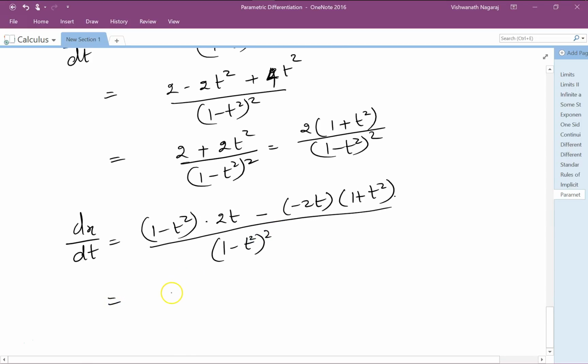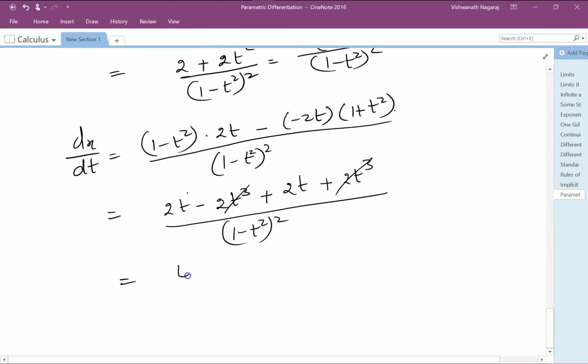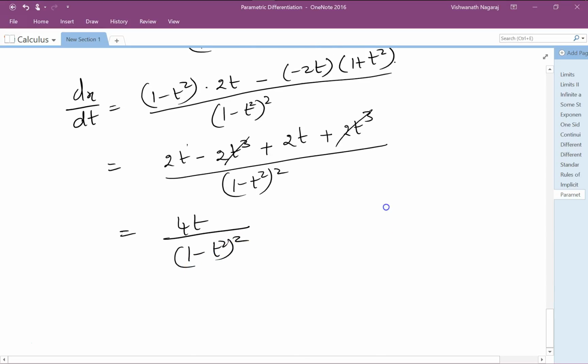This is equal to 2t minus 2t cube, minus into minus plus 2t into 1, so 2t plus 2t cube, divided by 1 minus t square the whole square. So 2t cube gets cancelled. So 4t divided by 1 minus t square the whole square.